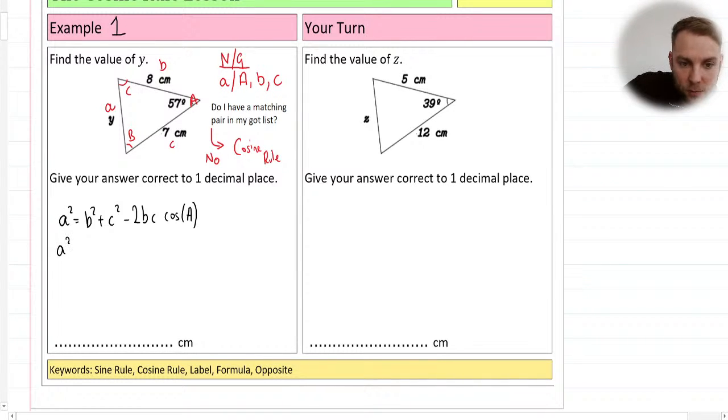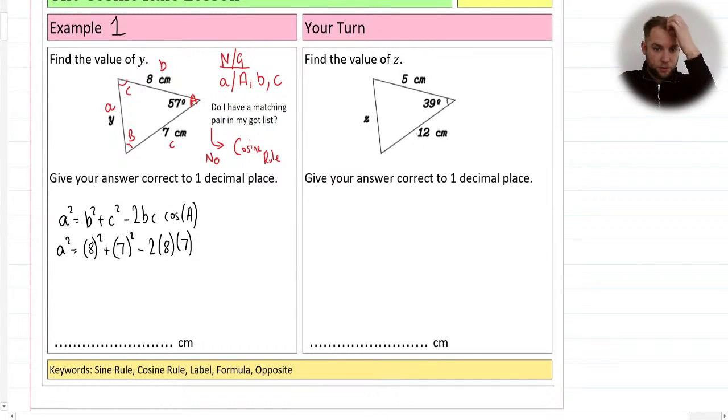So a squared is equal to b squared, which is 8 squared, plus c squared, which is 7 squared, minus 2 times 8 times 7. So look at those mini brackets there. They're just times in all of those. Cos of my angle, which is A, which is 57.